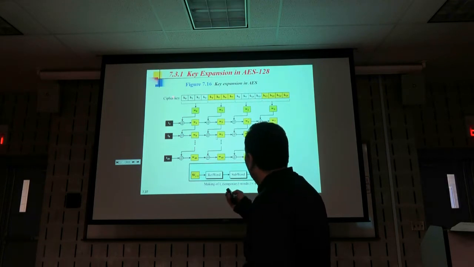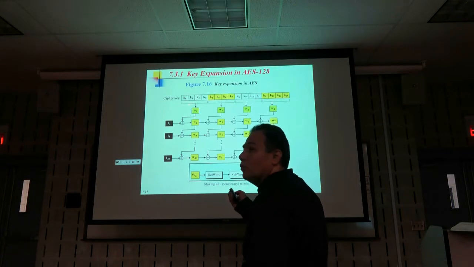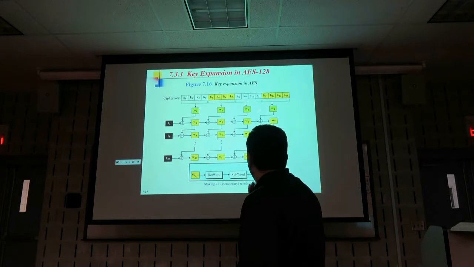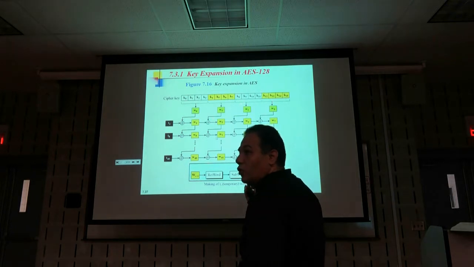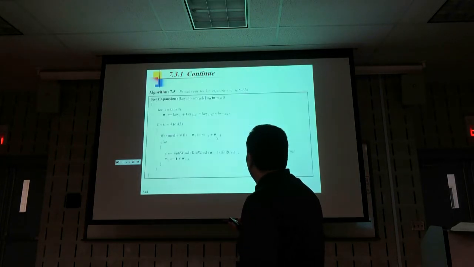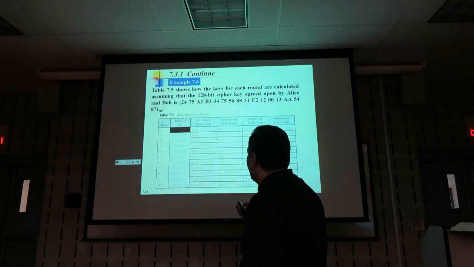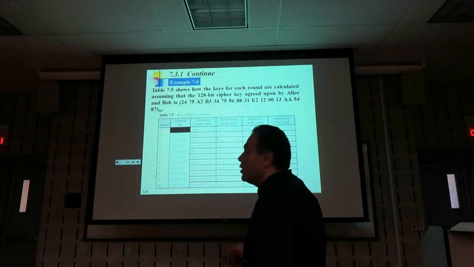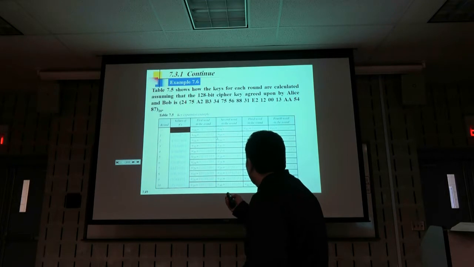So that's exactly what we did. This is the key. Take the first word, word 0 equals the first 4, word 1 equals the second 4, word 2 equals the third 4. And that's what we did in the table. We put the words 0, 1, 2, 3 as they are here. So 24, 75, A2, B3 is here.